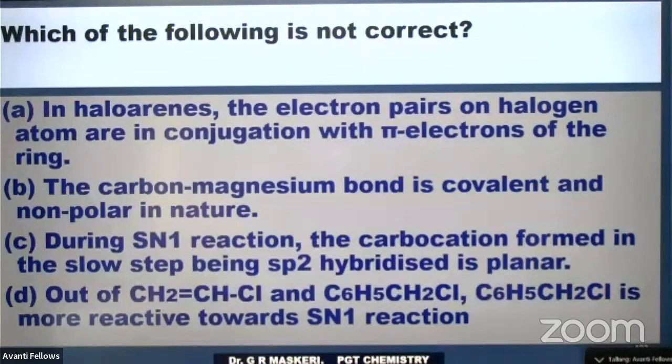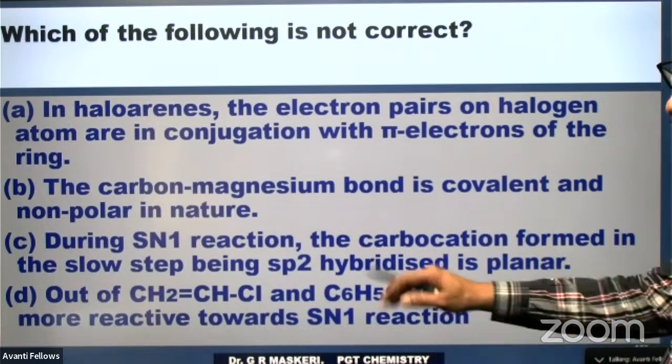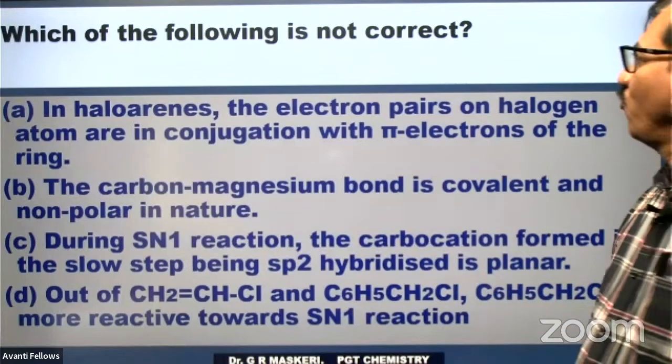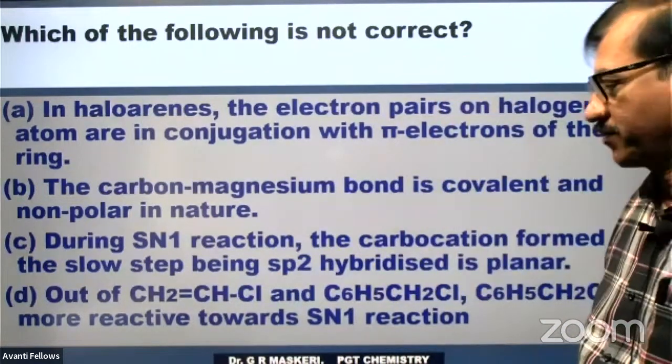During SN1 reaction, the carbocation formed in the slow step, being sp2 hybridized, is planar. Out of CH2=CHCl and C6H5CH2Cl, C6H5CH2Cl is more reactive towards SN1 reaction. Which one is not correct?